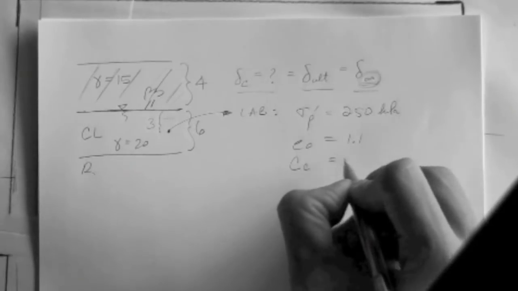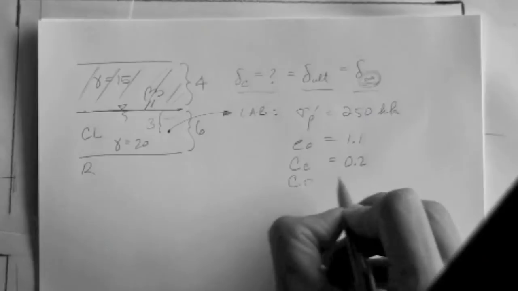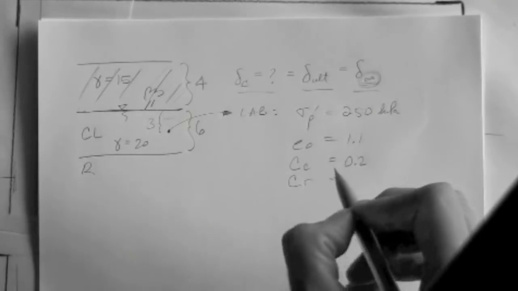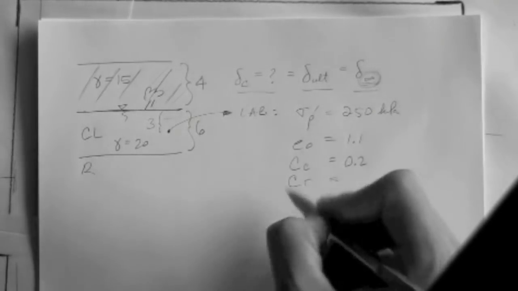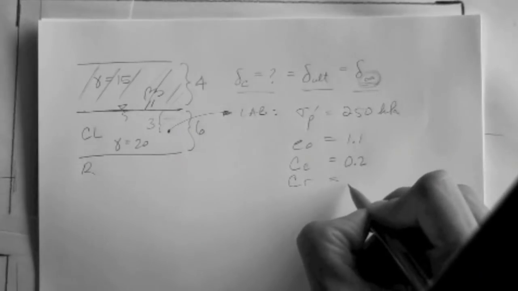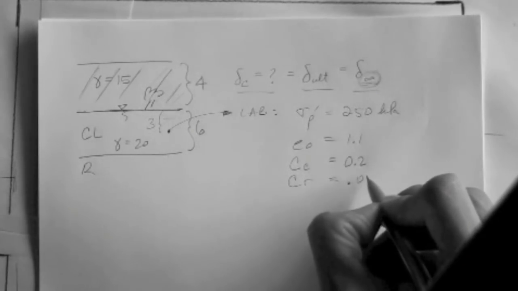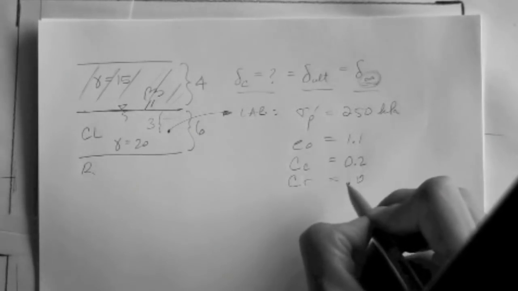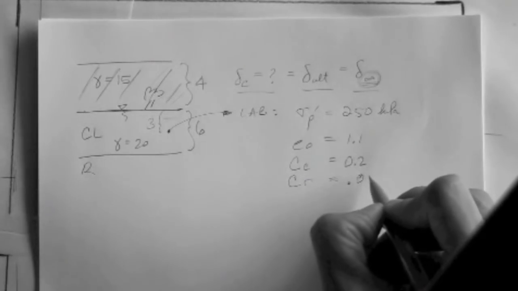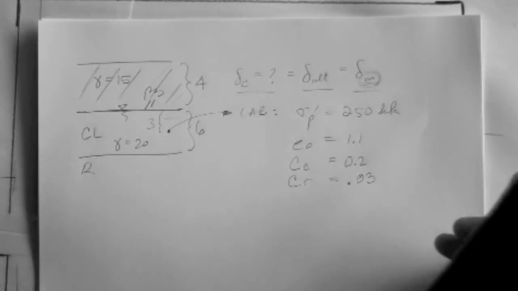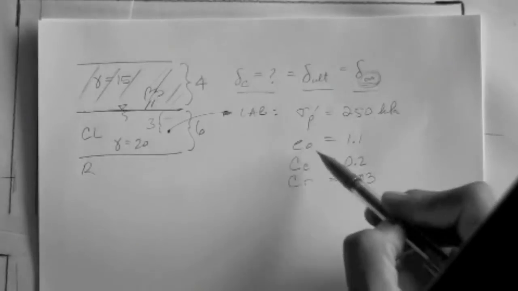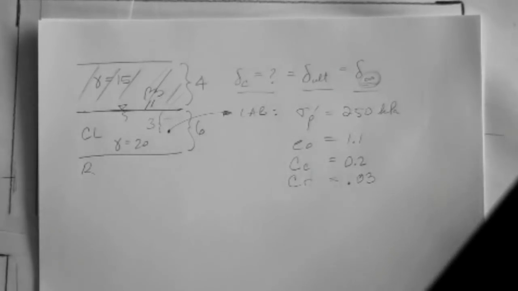C sub C is 0.2, and C sub R, the slopes, the compressibilities, the inverse of the stiffness of the material in the first and second portions of the curve, the consolidation curve. These two parameters here are 0.2 and 0.03.